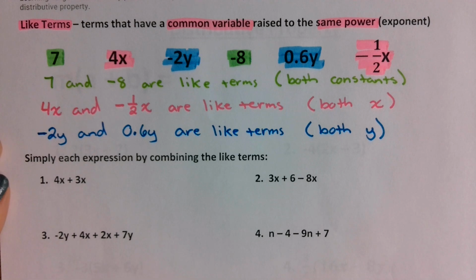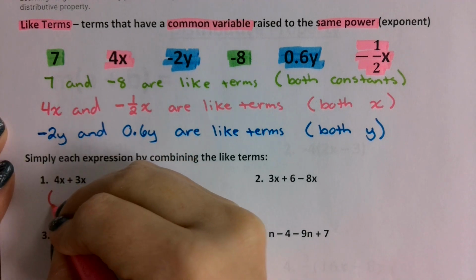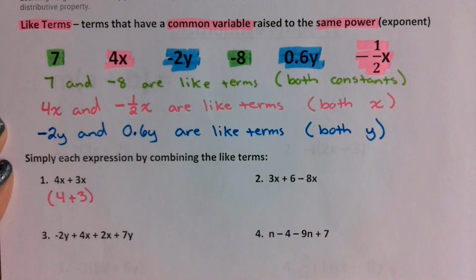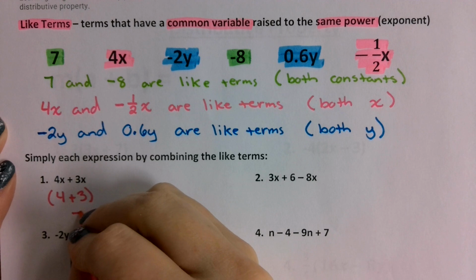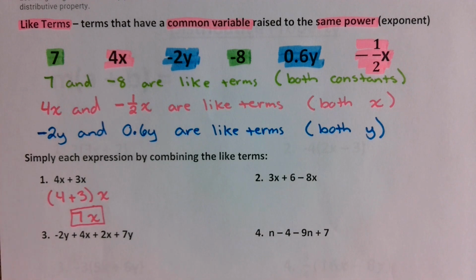Yesterday we talked about the fact that when you're combining variable terms together, you're really just combining the coefficients and keeping the variable, whatever it is. So 4x plus 3x means we're combining the 4 and the 3, which gives us 7, and then we keep the x connected to it. That would give us 7x as our answer.